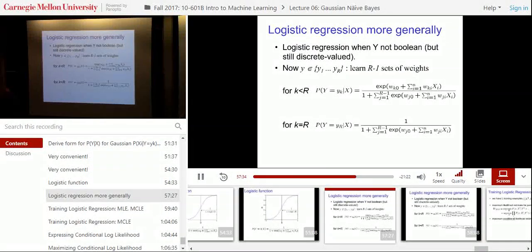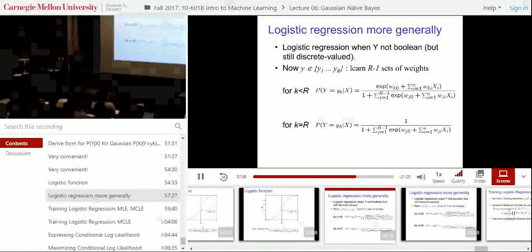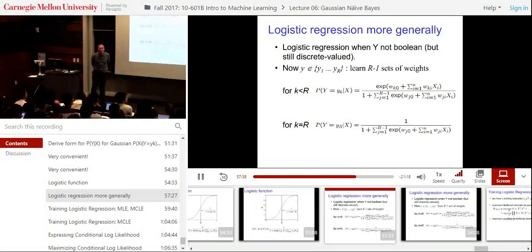All right, so now we can also generalize this in a very straightforward way to the case where y can take on more than 2 possible values. And similarly, if you think about it, you can generalize naive Bayes also simply to the case where y can take on multiple discrete values. Still should be discrete, not continuous y.